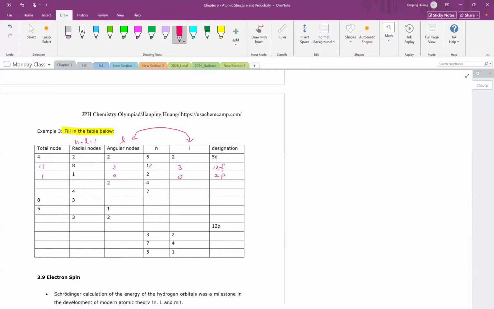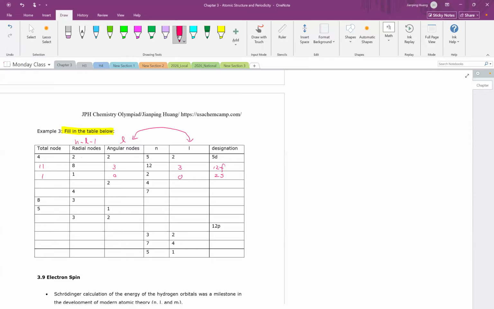Oh, no, not 2p, sorry. It should be 2s. Yeah, that should be 2s. Thank you. Good job. Any questions so far?